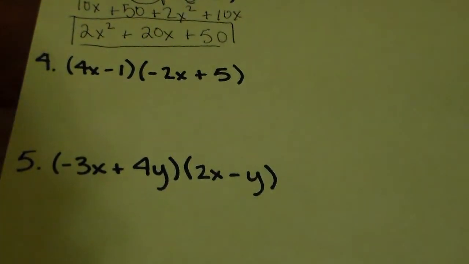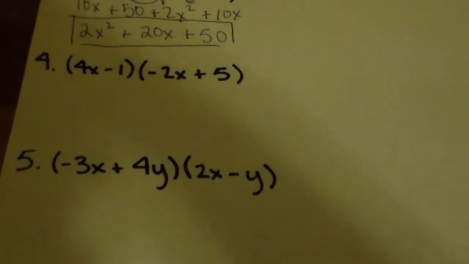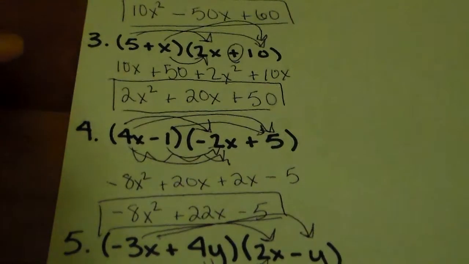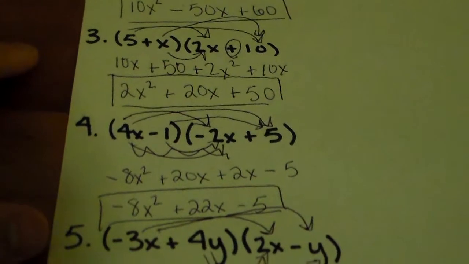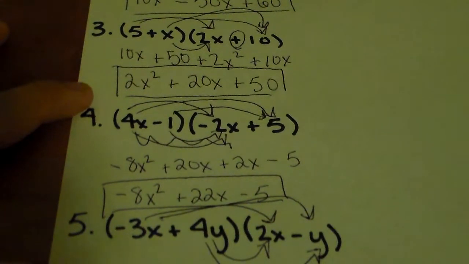Now, for these last two problems, I want you to pause and then play it again, and see if you have the right answers. Alright, here's the answer to 4. See if you got that right.